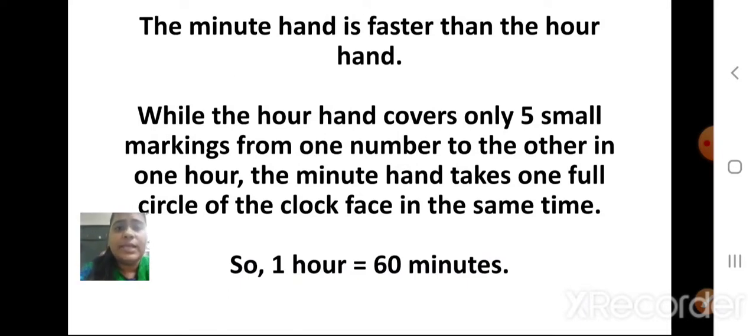It means that when the minute hand takes one full round, 60 minutes are over. That is equal to 1 hour. So when the minute hand moves one full round, it is only 1 hour. So we have this formula, 1 hour is equal to 60 minutes. Okay.